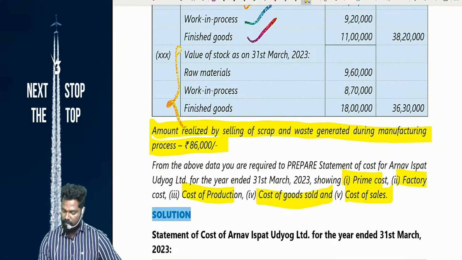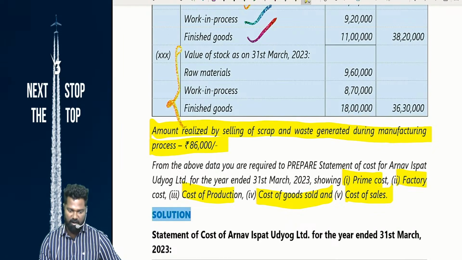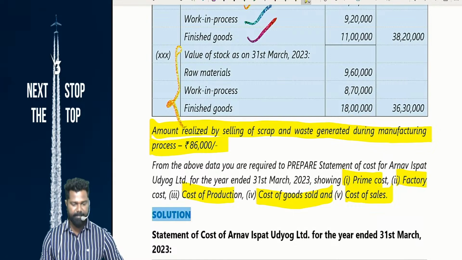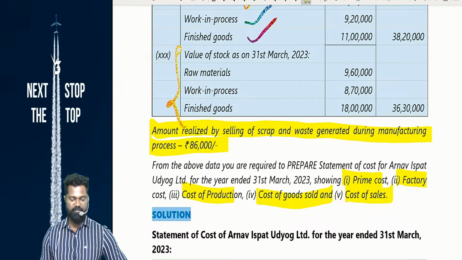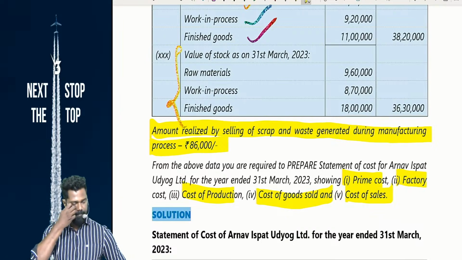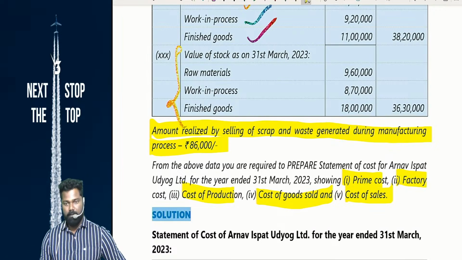Statement of cost of Arnav Ispat Udyog Limited for the year ended 31st March 2023. Make it three columns.